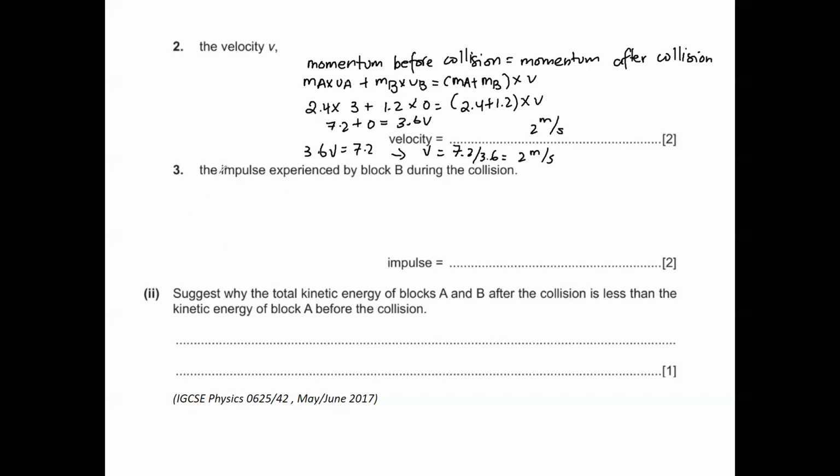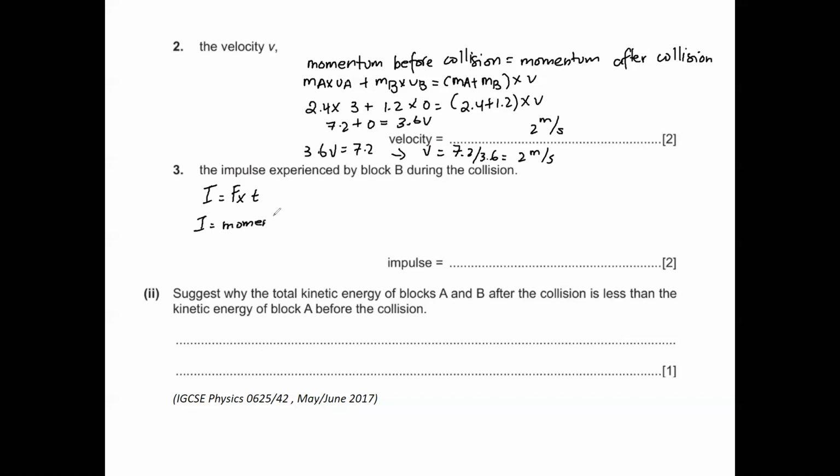And then number 3, the impulse experienced by block B during the collision. So they want us to find the impulse on block B during the collision. Impulse is force times time, or impulse equals the change in momentum.